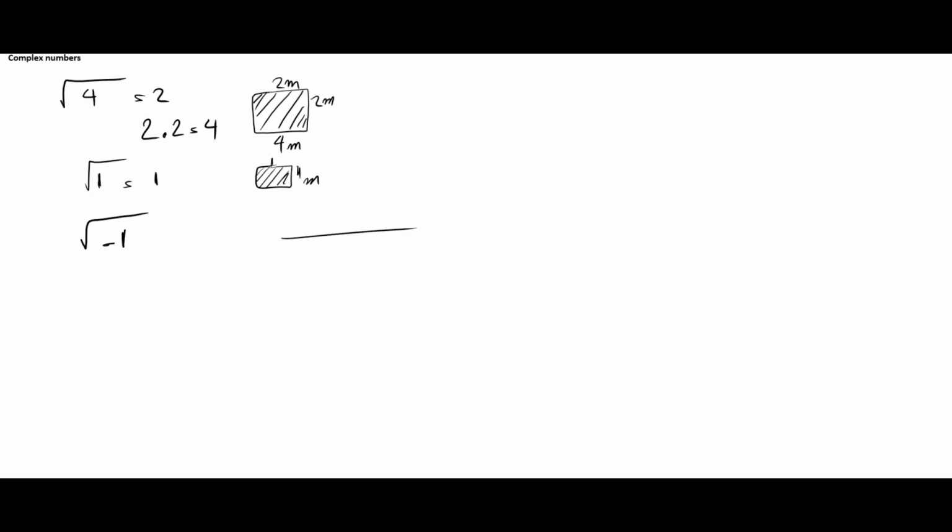Let's go to quadrants. The first quadrant and the second quadrant, and so on. Let's say here is positive and here is negative. And in one change of direction, I can go to the negative side. Let's say we are talking about cosine here.